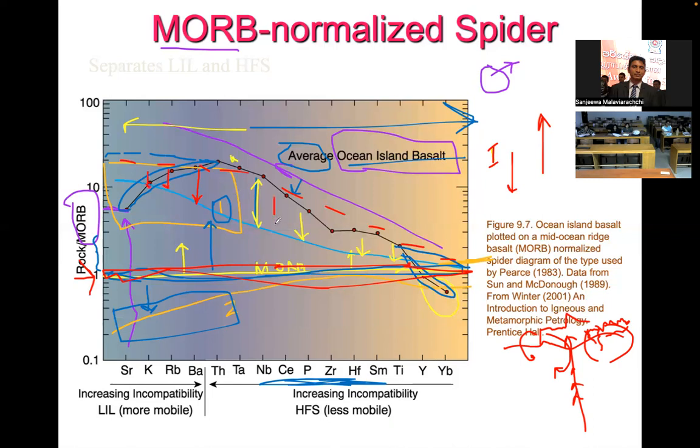Quantitatively we can model these things, that means how much MORB melt has contributed to this OIB-type melt to produce a present-day variation like this. You can model them geochemically. You have to use partition coefficients and many other parameters, which you don't need to know right now, but just keep in mind you can do that.